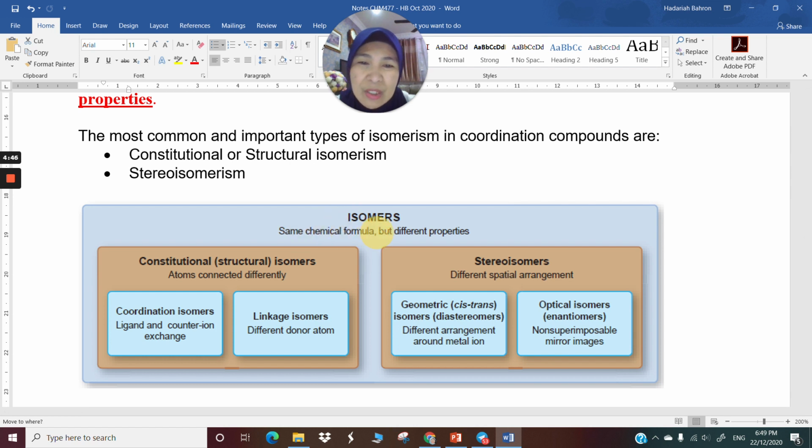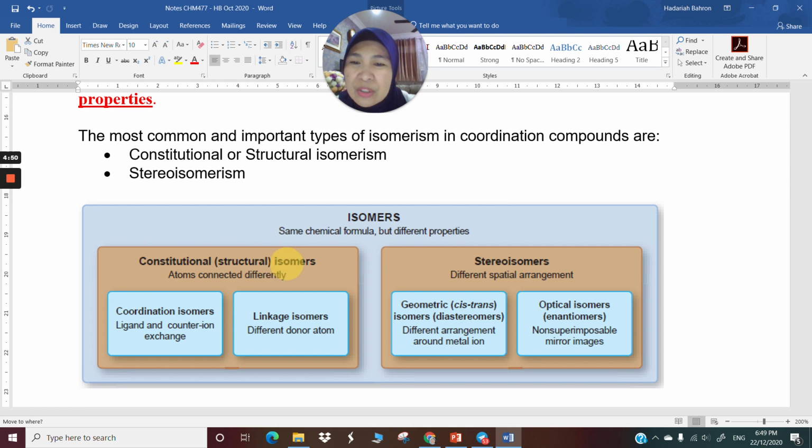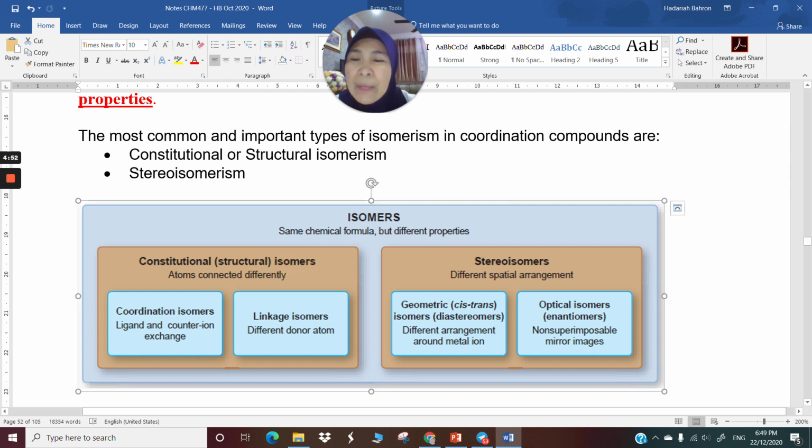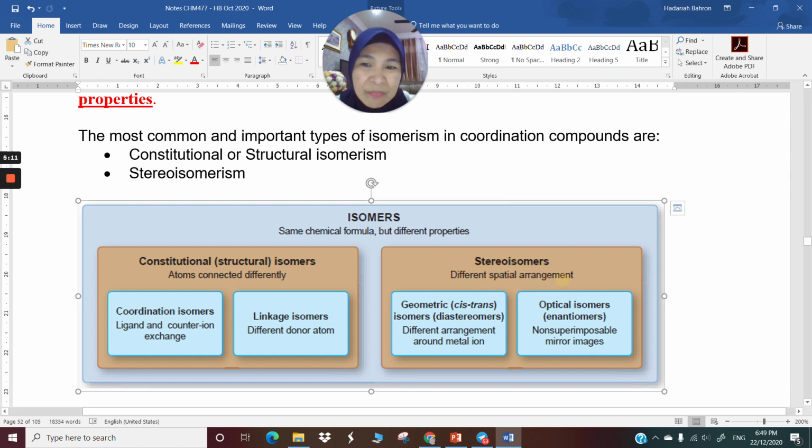Isomers have the same chemical formula but different properties. Constitutional or structural isomers happen when atoms connect differently. And stereoisomers occur when there is a different arrangement in space, a different spatial arrangement.